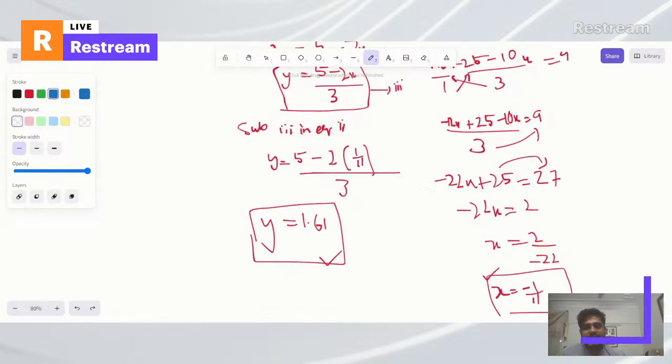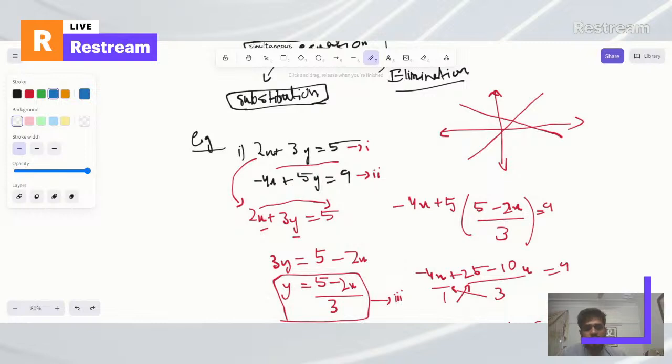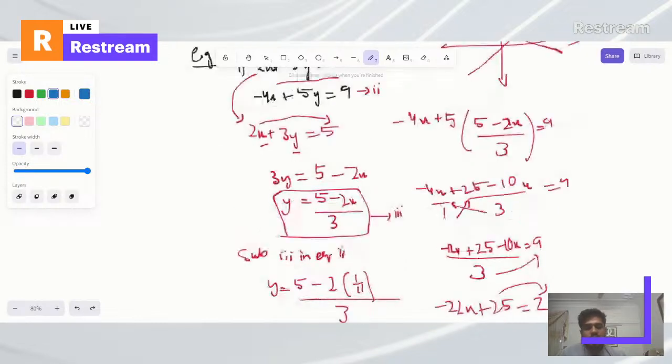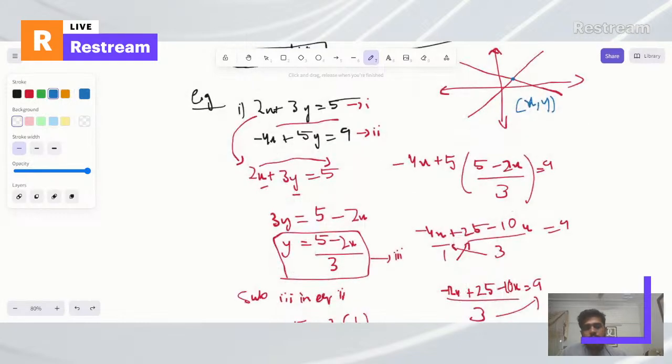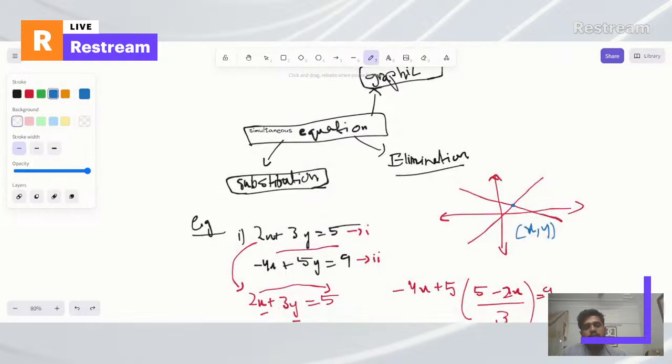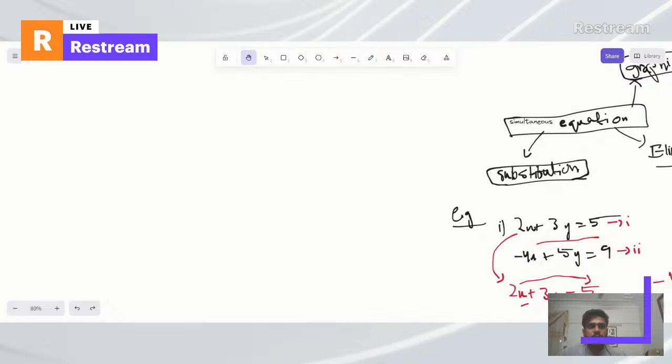So what is exactly this value? The point of intersection of both of these lines on the graph is the value of x comma y that we've just calculated. So this is what essentially this represents, right? So I hope this is clear now.